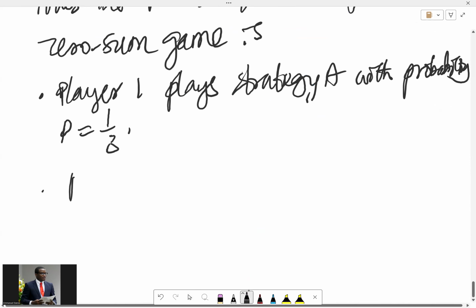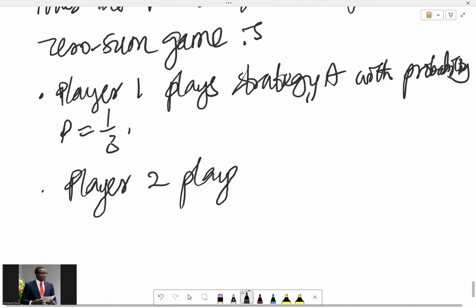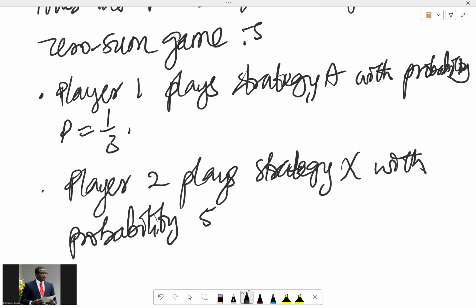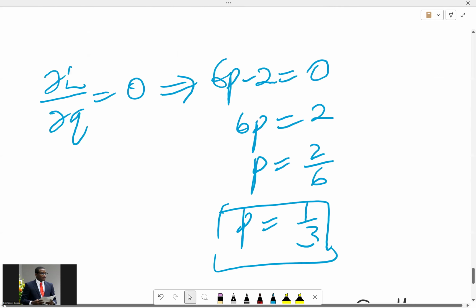Then player two plays strategy X with probability Q equals 5 over 6, as we got there.